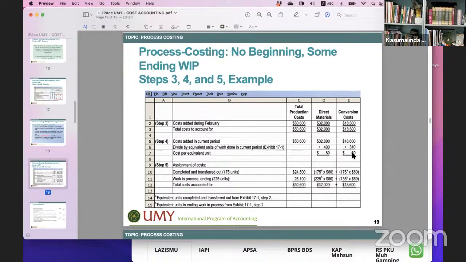So this is what is called the product cost, the unit product cost for this product. If we total these two, the unit product cost is 80 plus 60, which is 140.